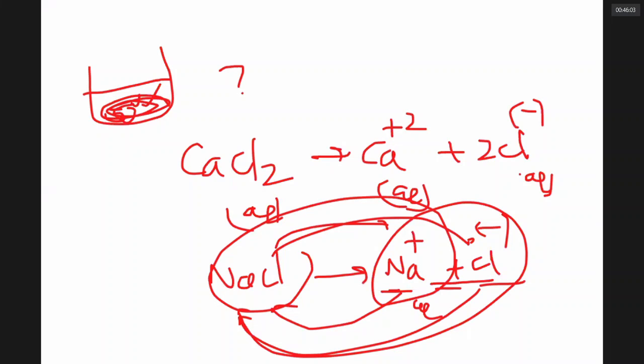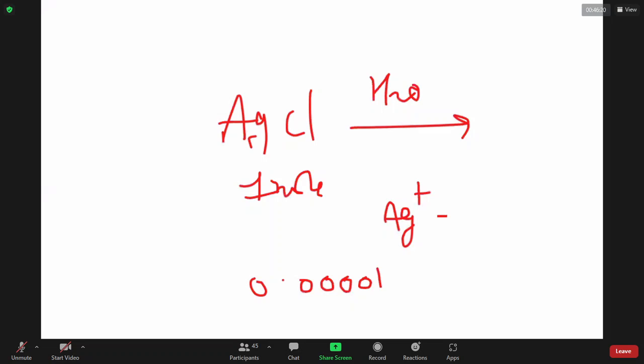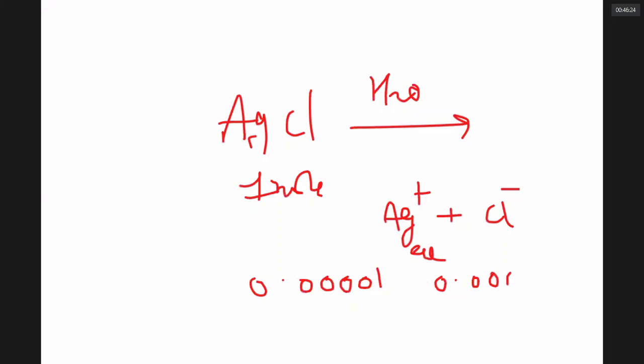Now what happens is, if I put 1 mole of AgCl in water, when 0.00001 mole of Ag+ ion enters as aqueous ion, and 0.00001 mole of Cl- enters as aqueous ion, then the solution will become saturated.